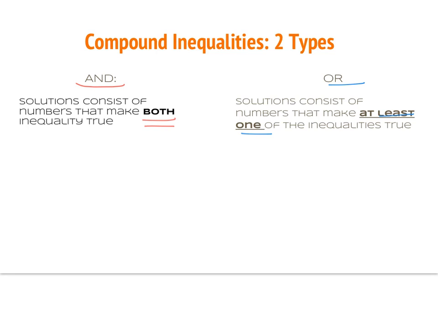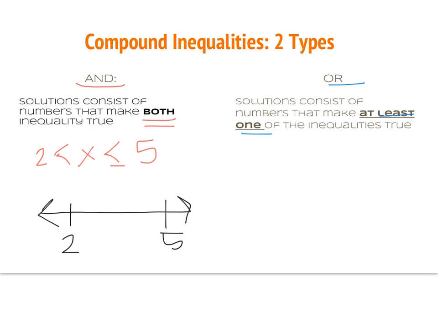Something else that I would like to include for an and is that you are going to see this written as, for example, 2 < x ≤ 5. Notice here we have the smallest number on the left, the largest number on the right, and x in the middle. My graph is going to look like this, where I'm going to have 2, 5, and then maybe I'll put a 3 here because that falls right in between.